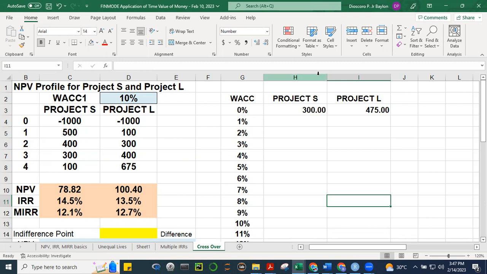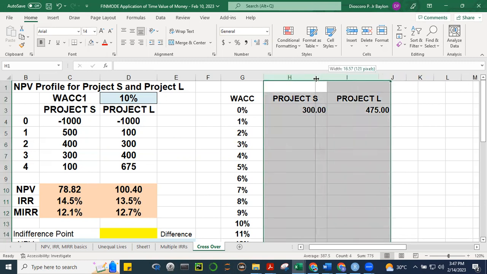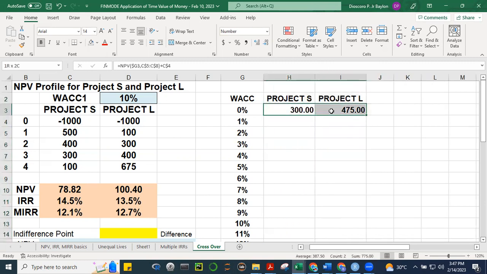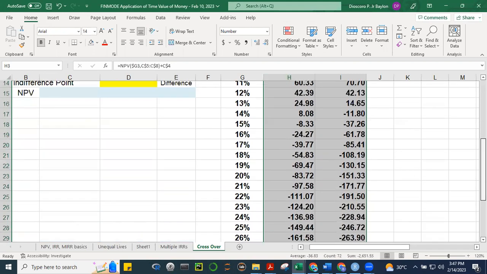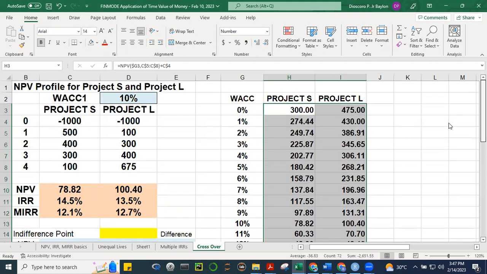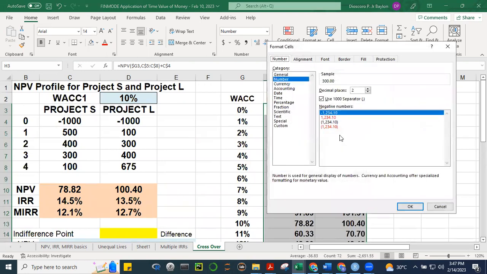Then, I can now click this, pababa, para lumabas yung mga NPVs. And then, control 1, i-format ko siya para yung negative dito, magiging parenthesis.